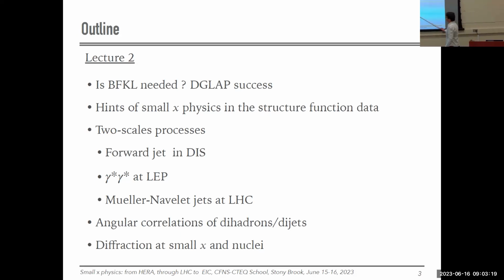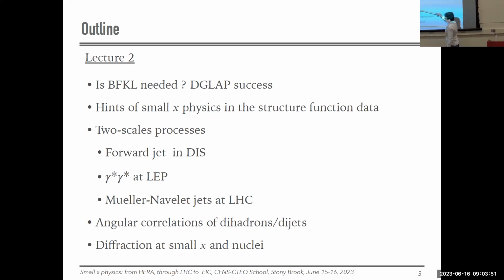I will start with hints in structure function data at HERA that BFKL evolution might be necessary there. And I will discuss how to possibly look at small x and saturation effects in the context of inclusive structure functions. There, the FL structure function is quite important.